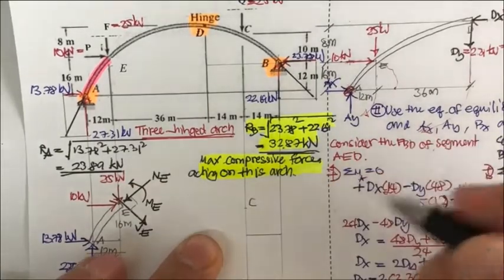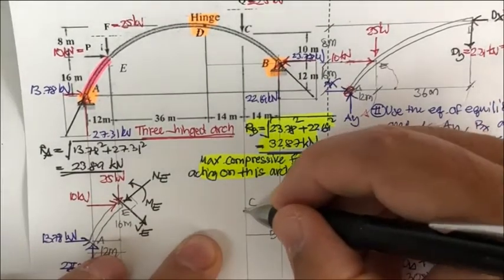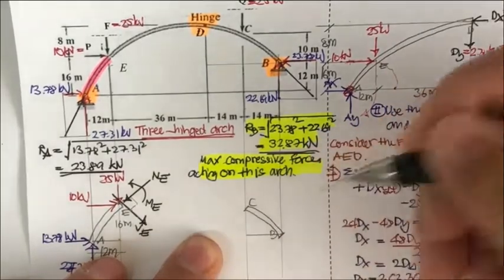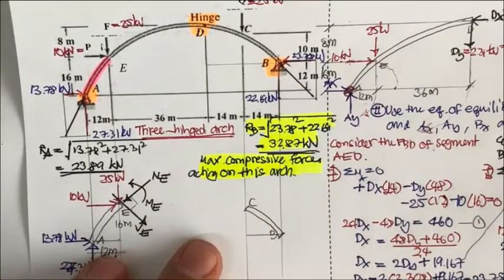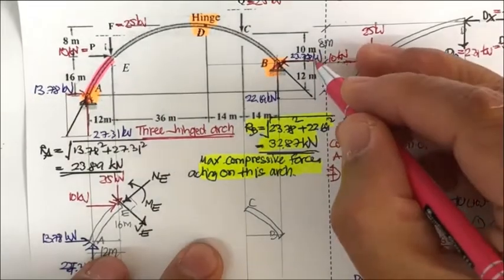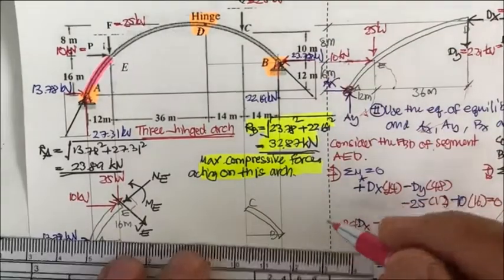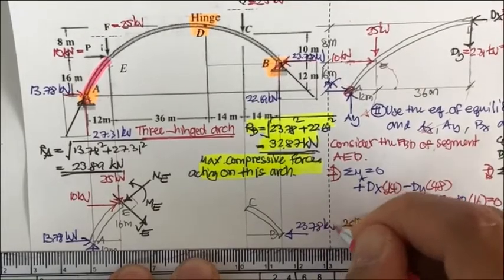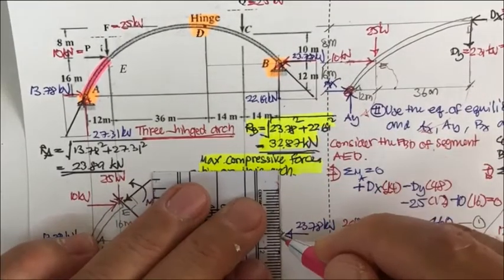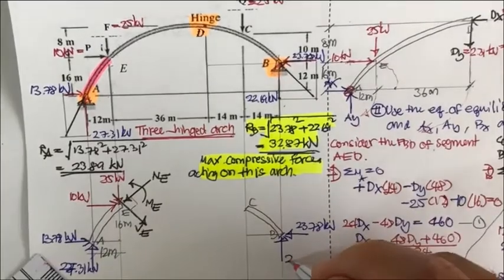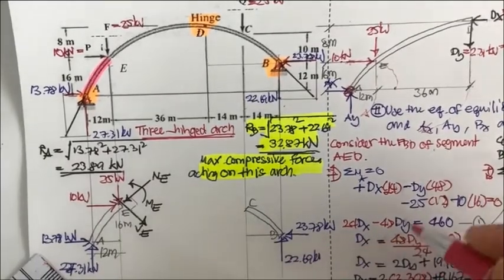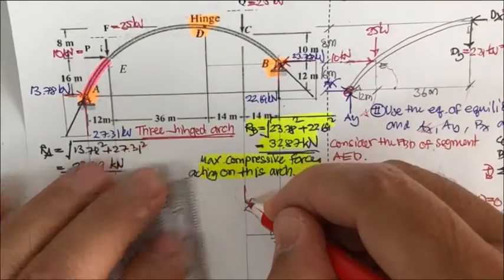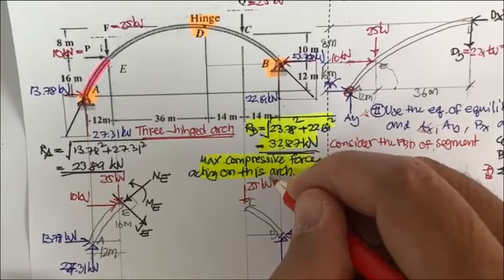So this is point C, this is point B, and then you get the curve of the arch like this. And again, this has 23.78 kilonewton, and upward 22.69 kilonewton. And at point C, we have 25 kilonewton, 5 kilonewton.